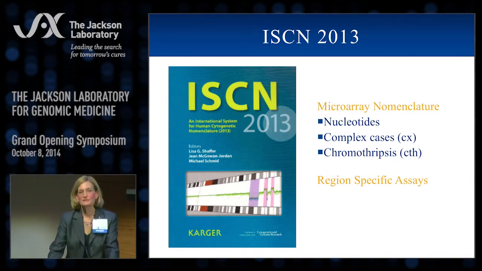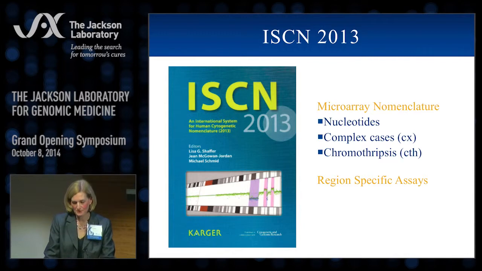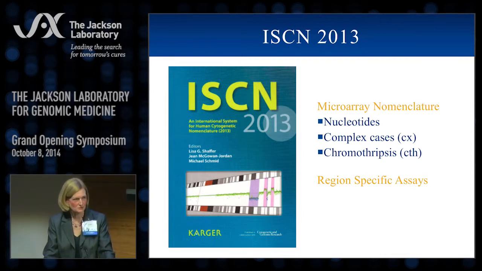So there is a committee called the International Standard in Cytogenetic Nomenclature, and this is the Bible for cytogenetics in terms of defining rearrangements. And I have to say we're very careful to title our paper for a suggested next generation cytogenetic nomenclature.